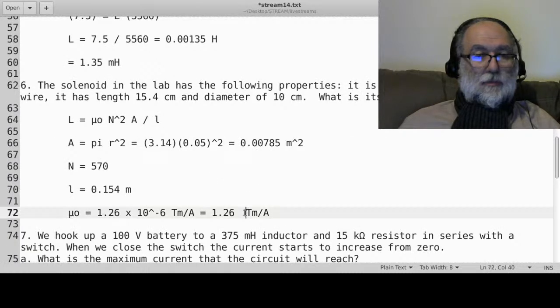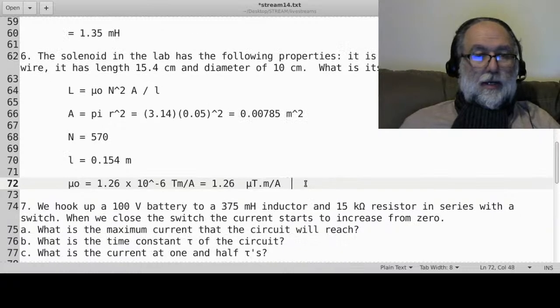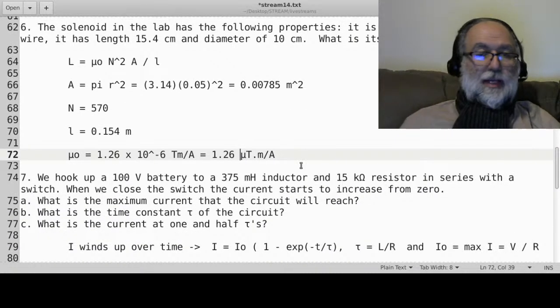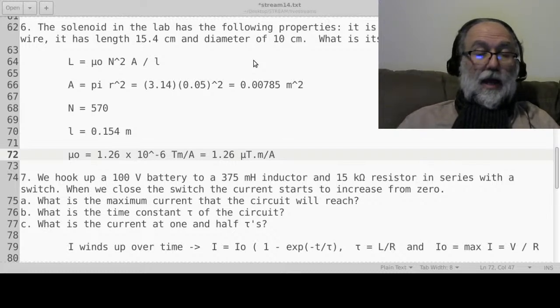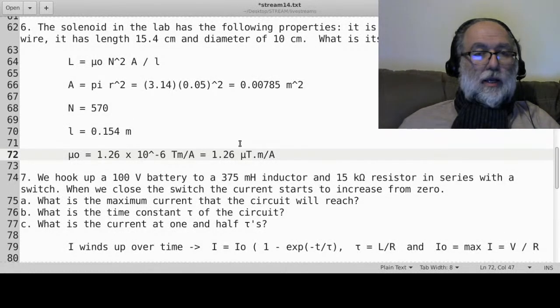I just mention that in passing because you might see the number written this way. The permeability of free space is like the measure of the inductance of free space. That's another way to think about it. It's like the inductance of free space per unit length. It's teslas multiplied by meters divided by amps, but it's in the microtesla range. So 1.26 microteslas. We can use it like that and just make sure that we keep that micro, because it's just like carrying the 10 to the minus 6 along.